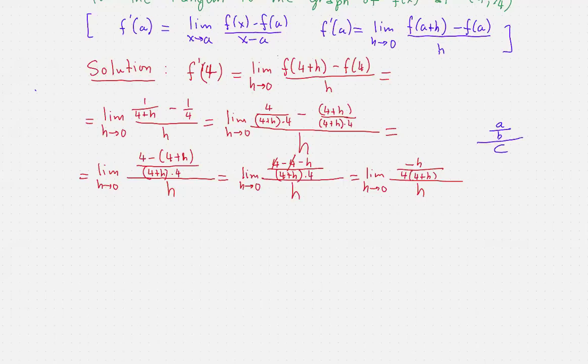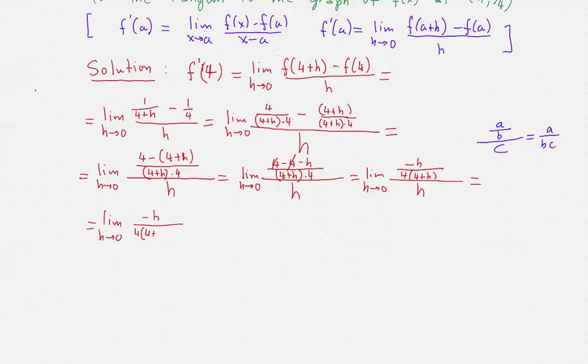Okay, and that's precisely what we're going to do here. So this will be the limit as h tends to 0 of minus h over 4 times 4 plus h times h.